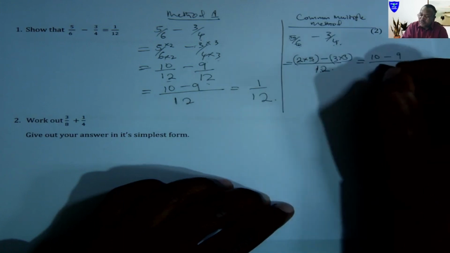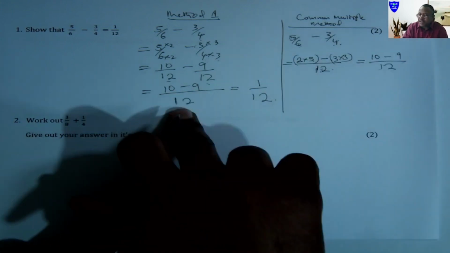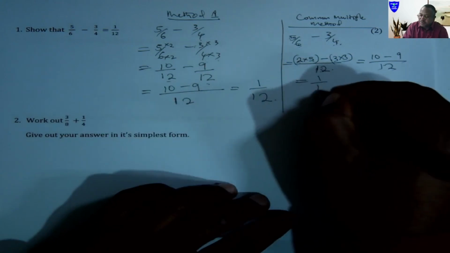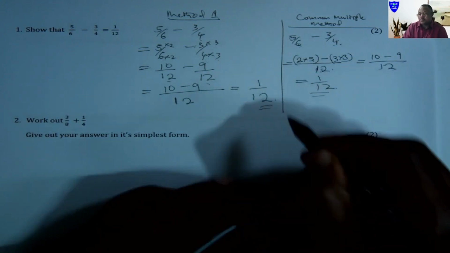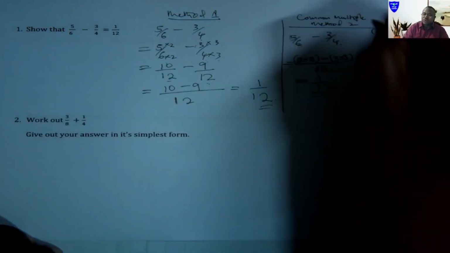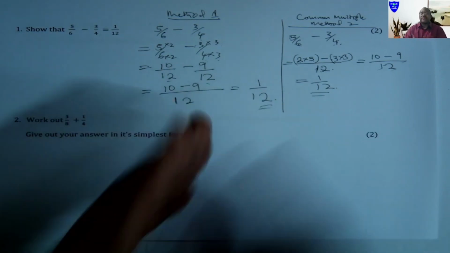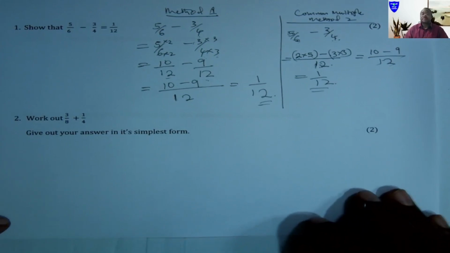All of it divided by 12. You see, we've come back to that. Simplifying that will simply give us 1/12. So either you use the common multiple method, which is method 2, or use the multiplication method in order to make sure that the denominators are the same. You still arrive at the same answer.